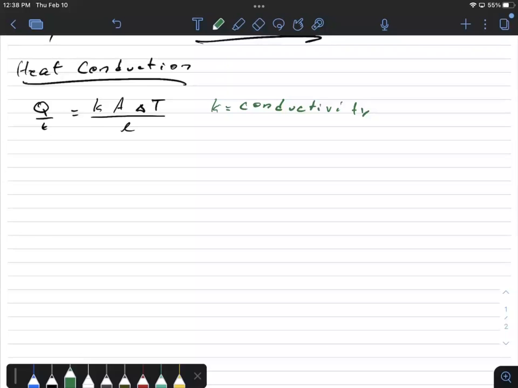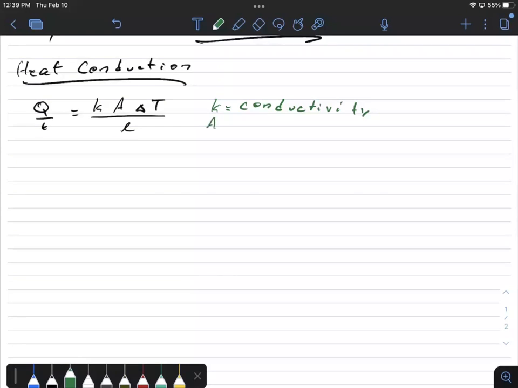And so the conductivity is the measure of how easily this material allows the heat to flow through. With a greater conductivity, energy can move through it very easily. With a low conductivity, think something like styrofoam, it's really hard for the energy to move through the material.